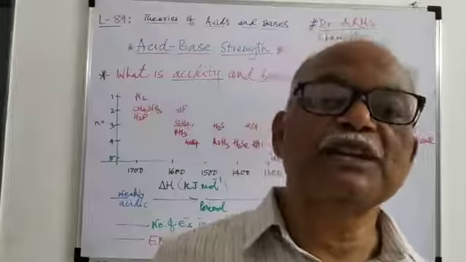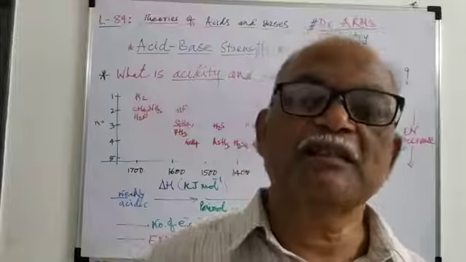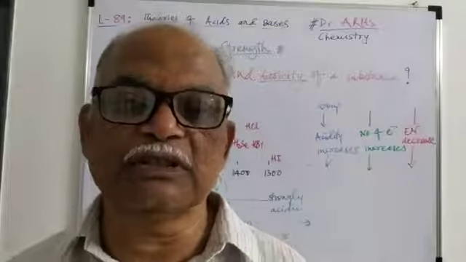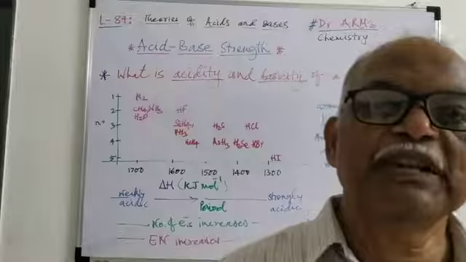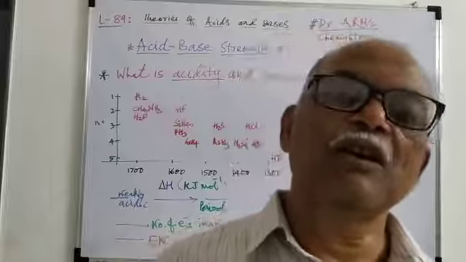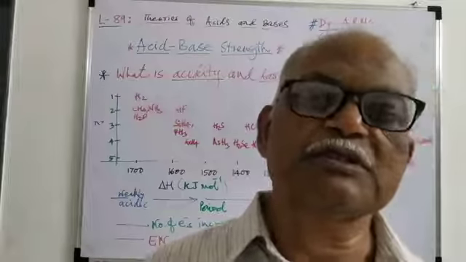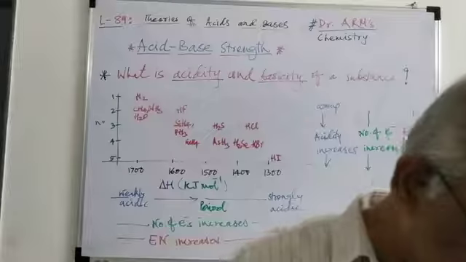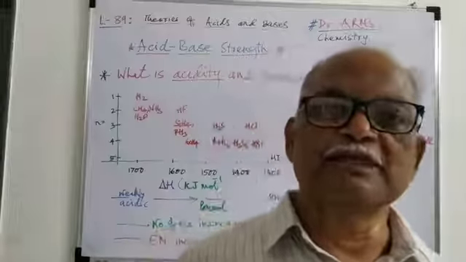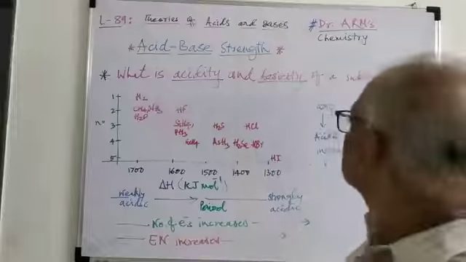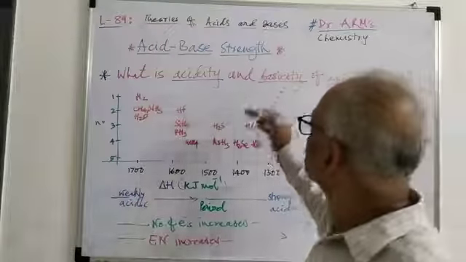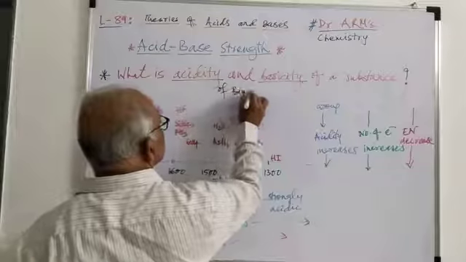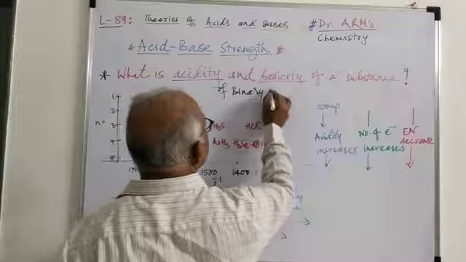Similarly, we also know various bases such as NH3 or many other substances having NH2 species, NH species, NH2 minus species, etc. And we have such a number of examples. So here we are concerned with the acidity and basicity of binary compounds.